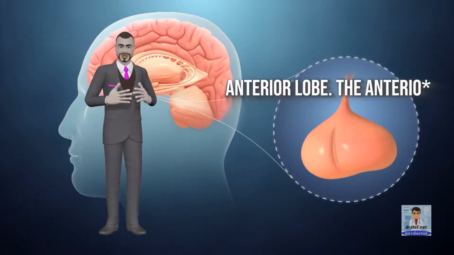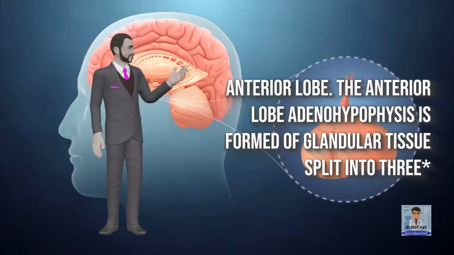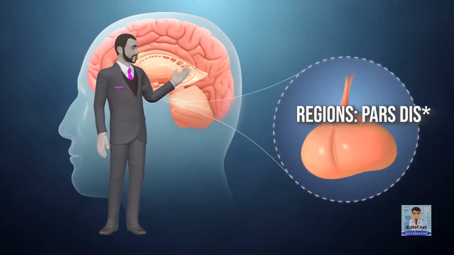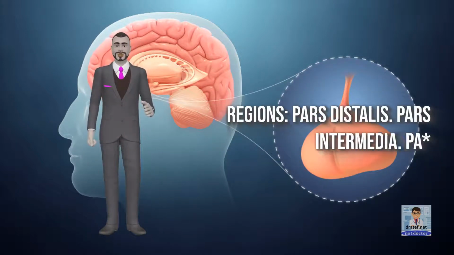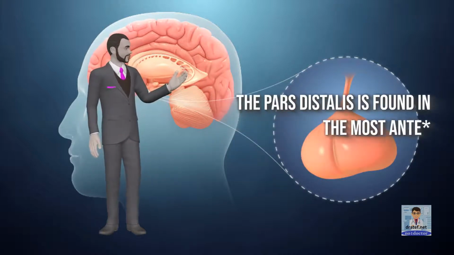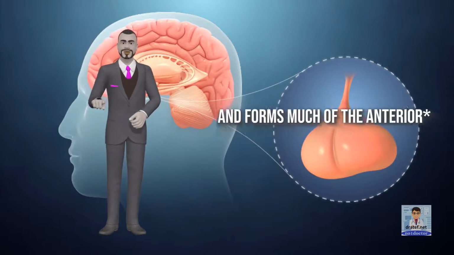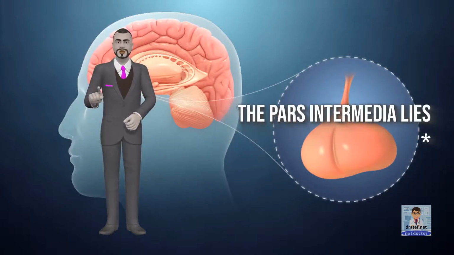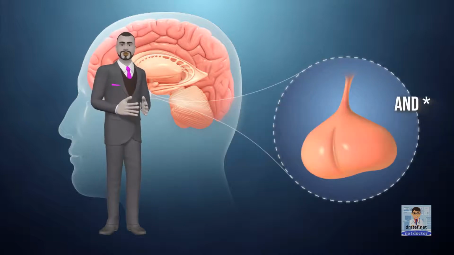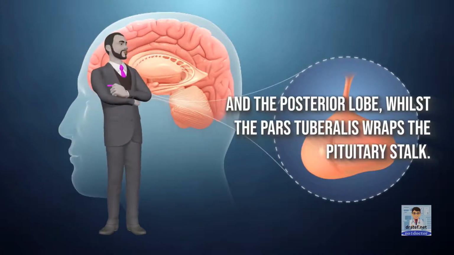Anterior lobe. The anterior lobe, the adenohypophysis, is formed of glandular tissue split into three regions: pars distalis, pars intermedia, and pars tuberalis. The pars distalis is found in the most anterior portion of the anterior lobe and forms much of the anterior lobe. The pars intermedia lies between the pars distalis and the posterior lobe, whilst the pars tuberalis wraps the pituitary stalk.